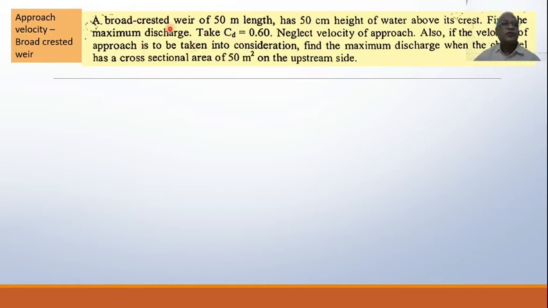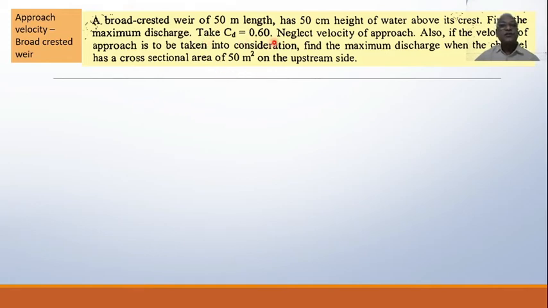You know that in broad crested weir, whatever equation that we have proved, we have said that the discharge is always maximum, so you need not worry about this particular statement. Find the maximum discharge. Whatever you know about broad crested weir, one equation 1.7 and odd, right? All that equation can be directly used.